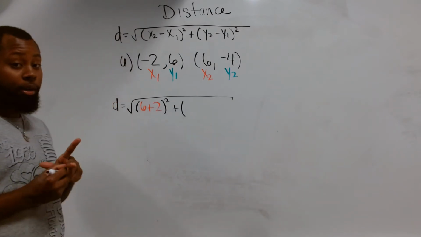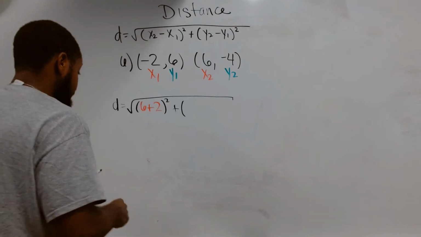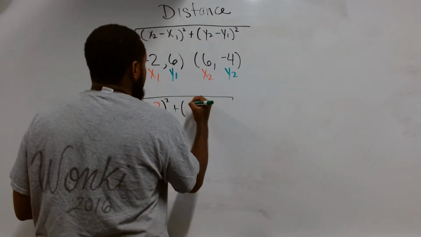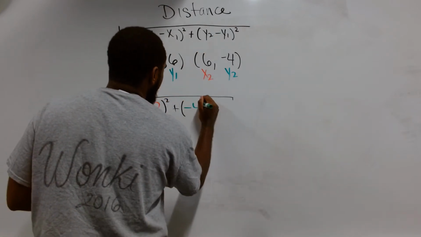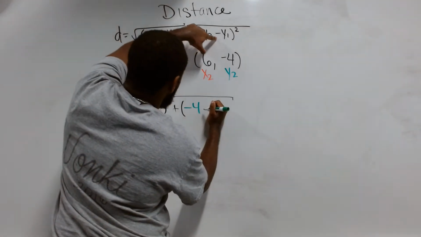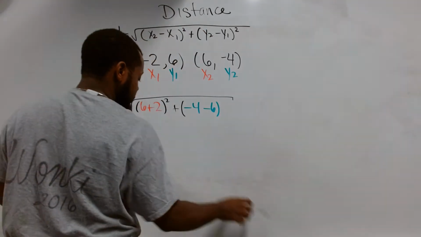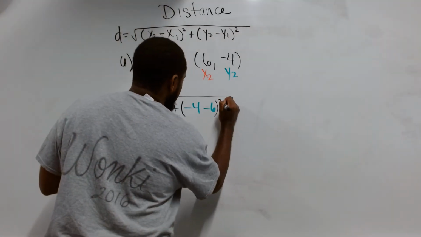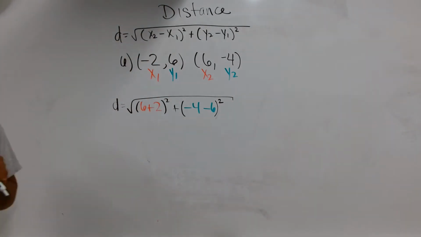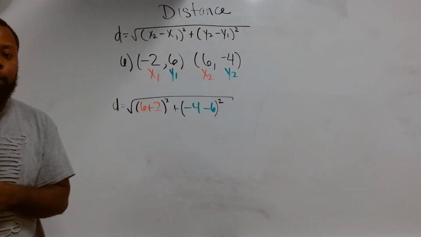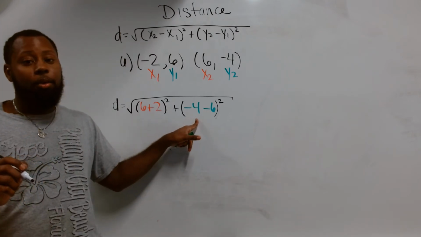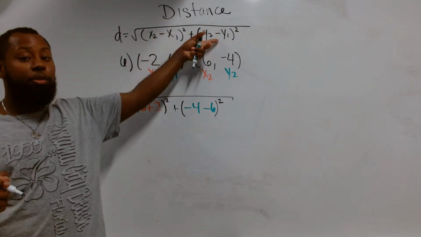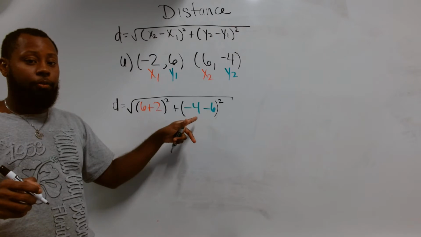If you don't have that square, your answer's going to be wrong. Completely wrong. Whether you have everything set up right, if you don't got that square, it's going to be wrong. So, same rule applies. You have negative 4 minus 6 squared. Literally match numbers with the letters. So y2 is negative 4. y1 is 6. You have to subtract in the original problem. Okay?